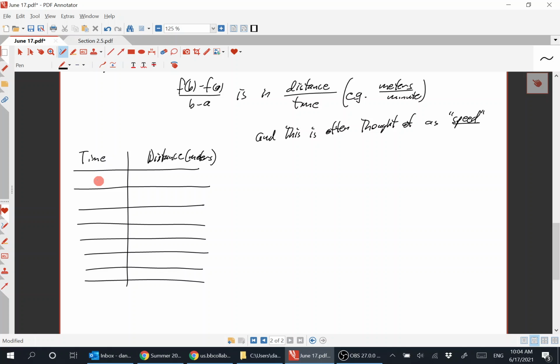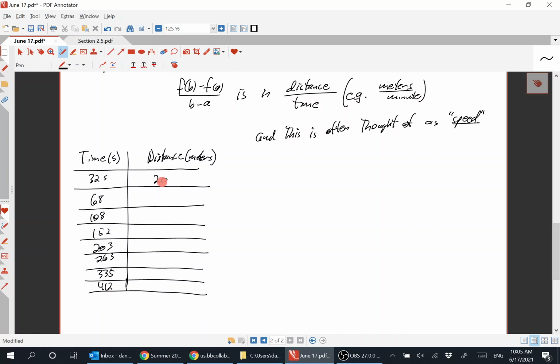So time is in seconds: 32 seconds, 68, 108, 152, 203, 263, 335, 412.